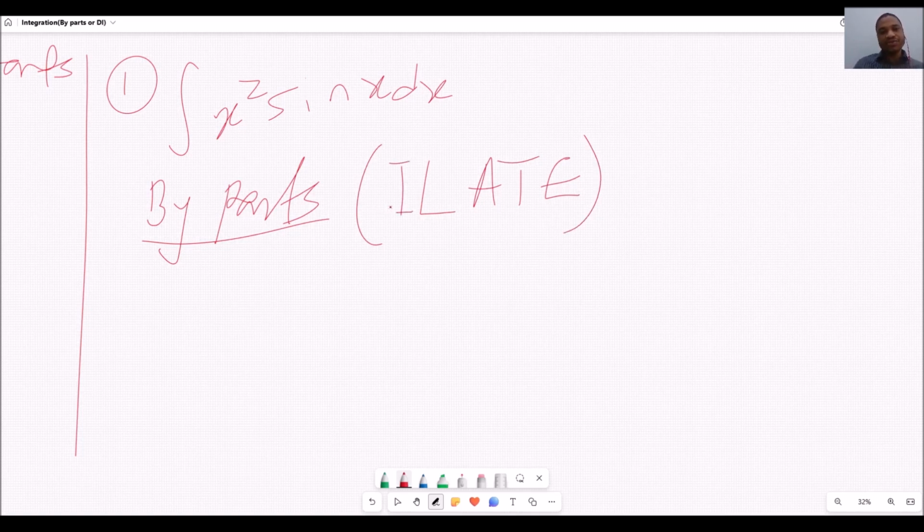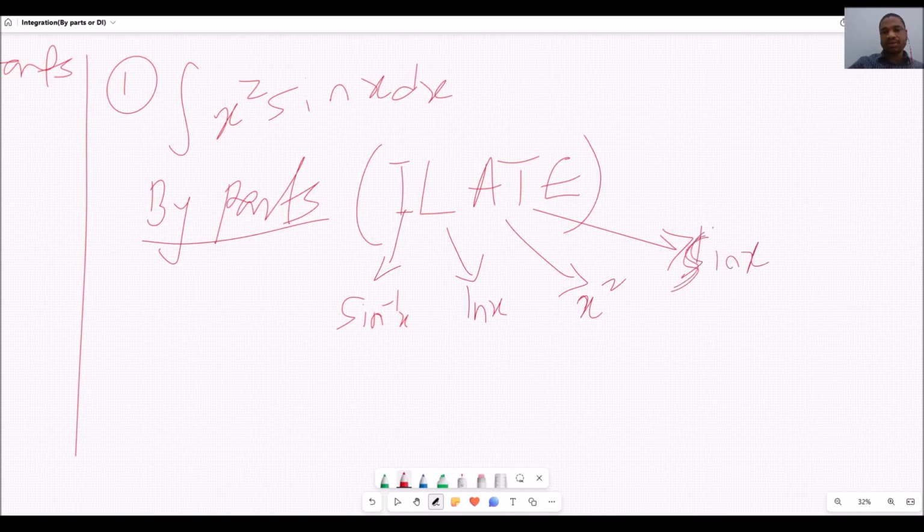So I is inverse trig, like sine inverse of x or tan inverse. L is logs, which is ln. A is algebra, like x squared. T is trig, like sine x or cos x or tan x. E is e to the power of x. So this is your choice for choosing u.